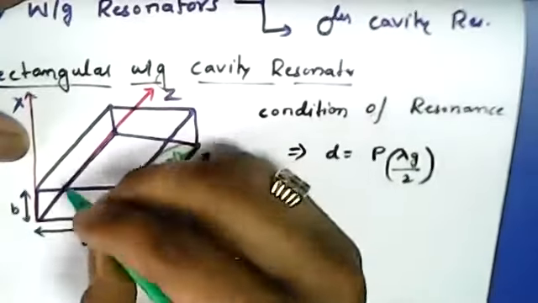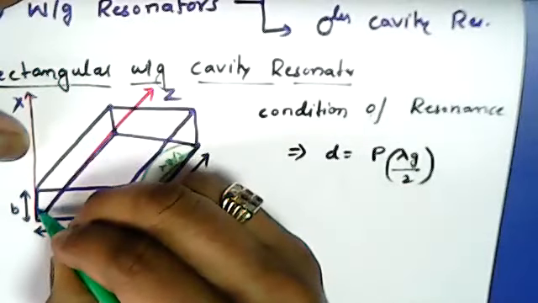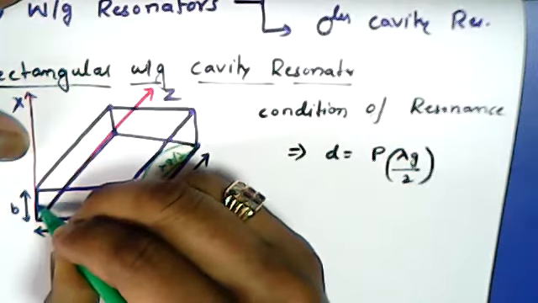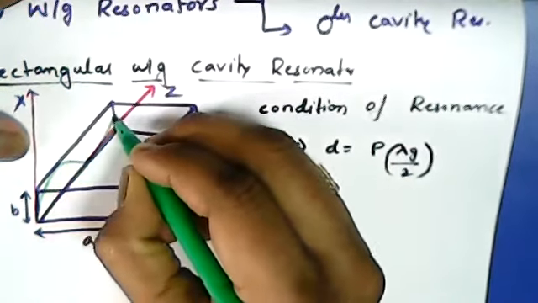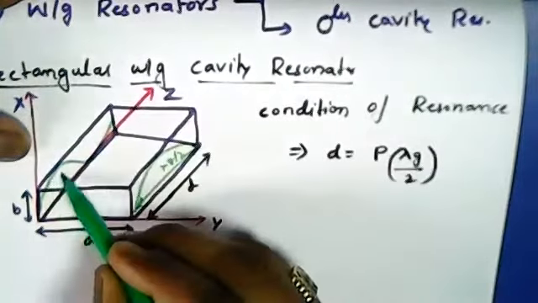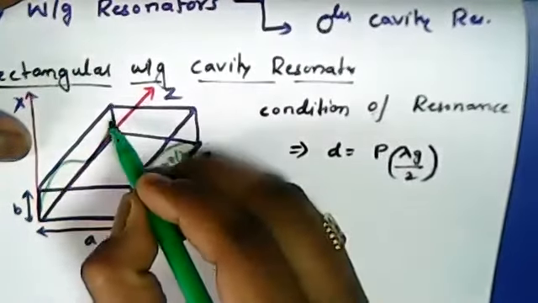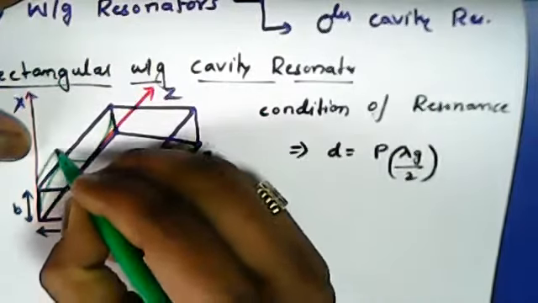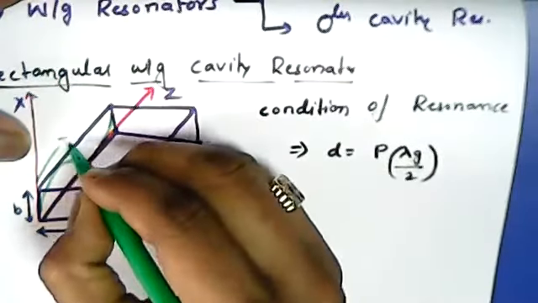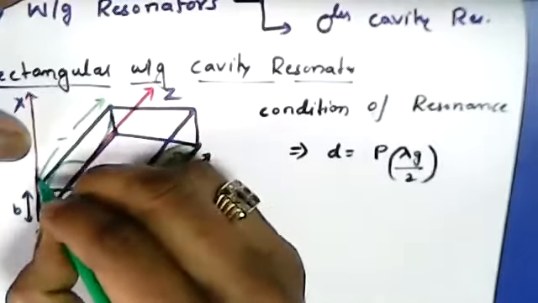Suppose in the other case, it can also be taken like this. Now you can see this particular diagram.